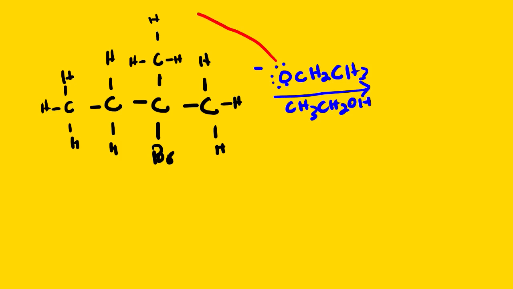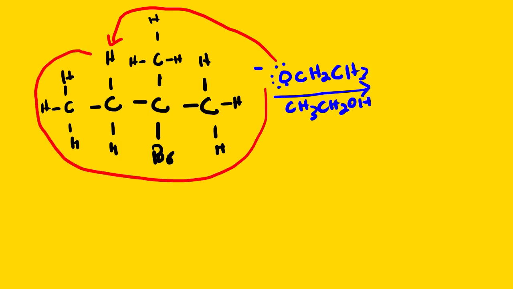It can easily leave out all the hydrogens and go to the one which will give the most substituted product, which is this one. Since it is not bulky, it is not big, so it can navigate and go to the hydrogen of its choice, so that it can produce the most substituted product.